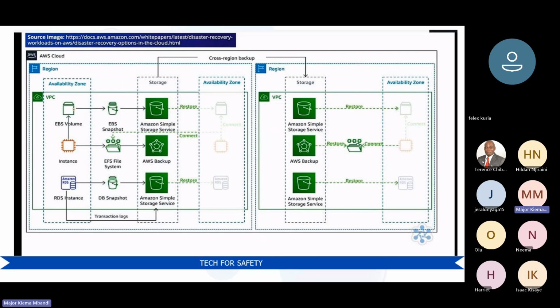So EBS can take a snapshot, an EBS snapshot, as you see here. And then this snapshot can be stored in Amazon S3. Remember S3 is a regional service, so it's good to store. Also, the EFS file system can be copied here and then transferred to AWS Backup.